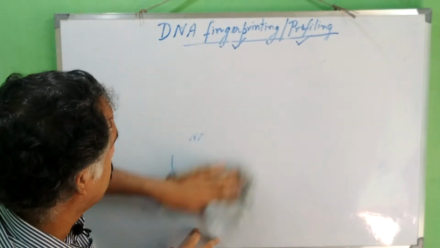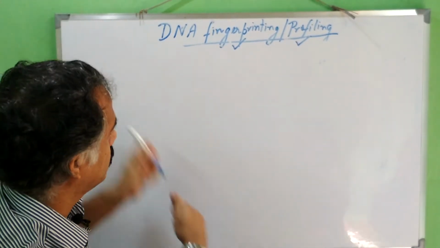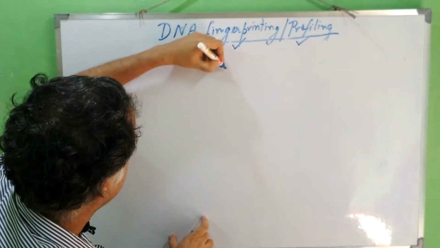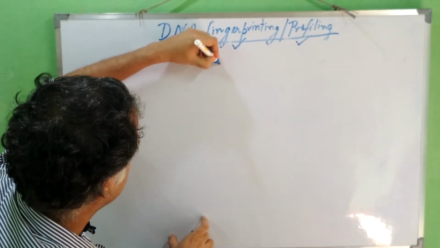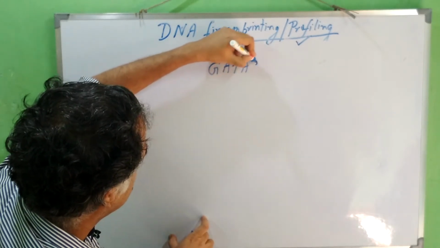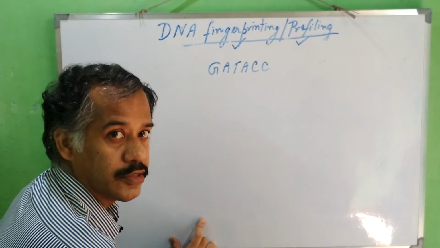What I mean by tandemly repeat DNA is this. Let's say there is a sequence G, A, T, A, C, C, 6 nucleotides.